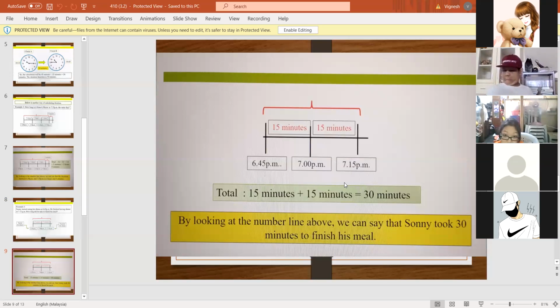By looking at the number line above, we can say that Sonny took 30 minutes to finish his meal. Understand? 15 minutes plus 15 minutes is equal to 30 minutes. Any question, my dear class?